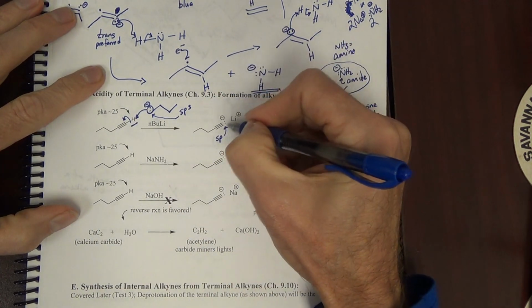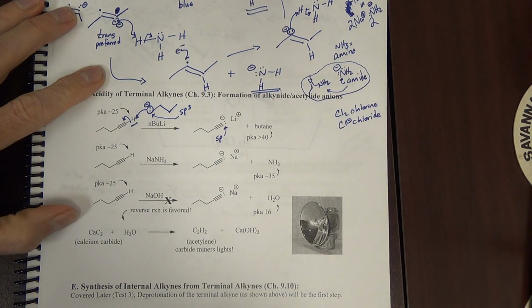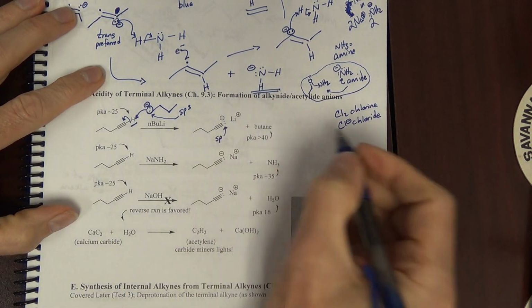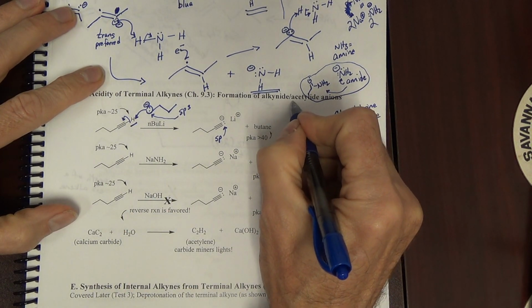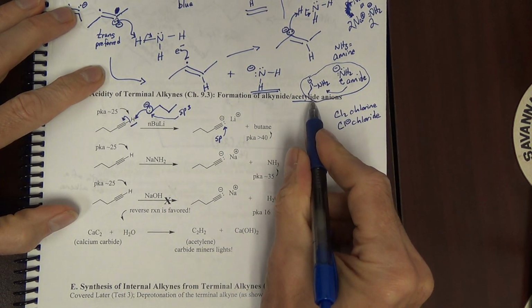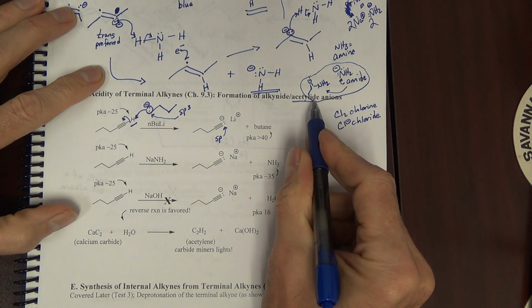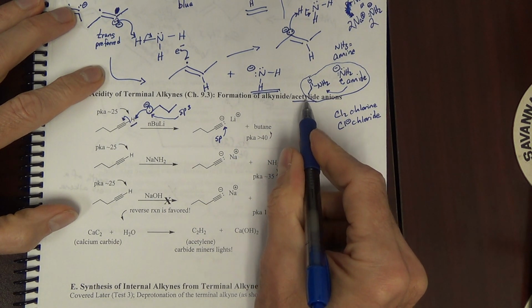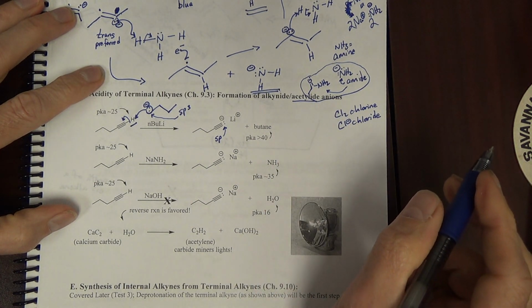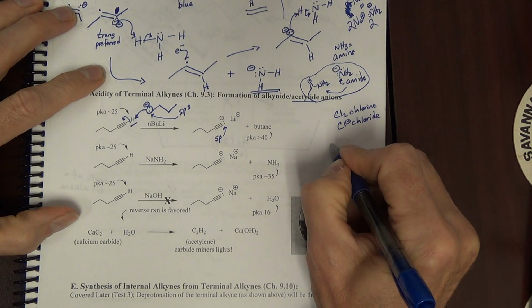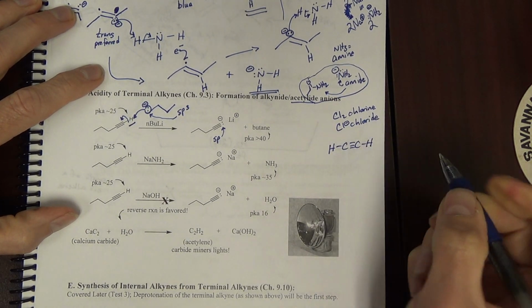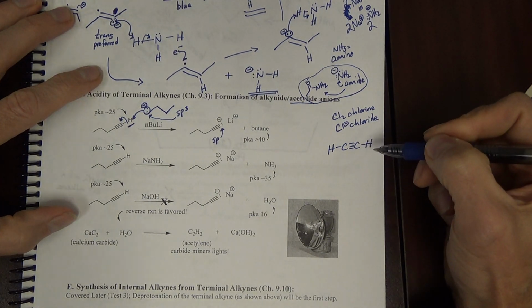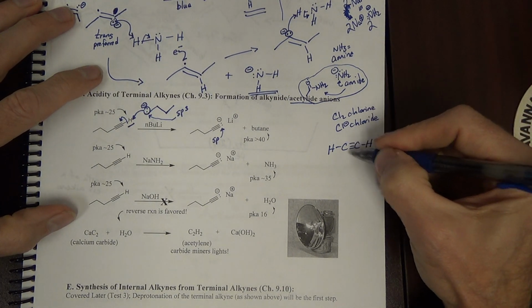Of course, the lithium would then sit with the anion here. This anion is often called an acetylide anion, ide ending. Although acetylene is just a 2-carbon alkyne, okay? I mean, that's acetylene, common name for that.